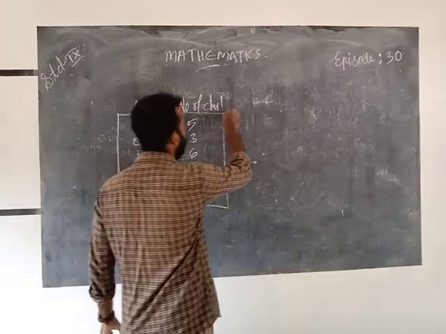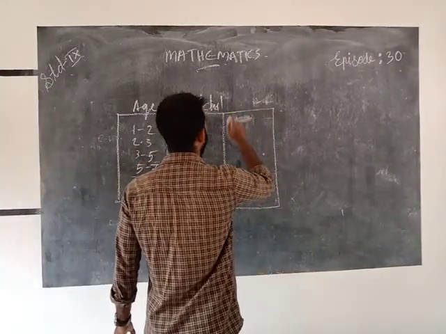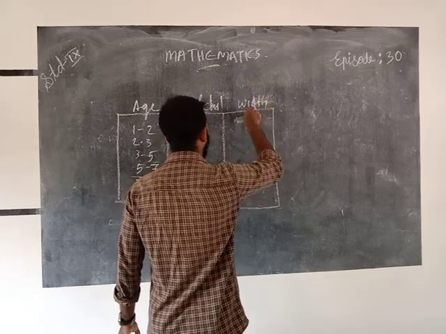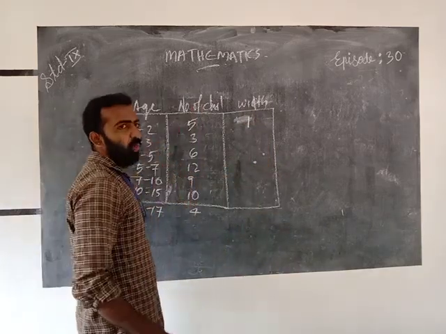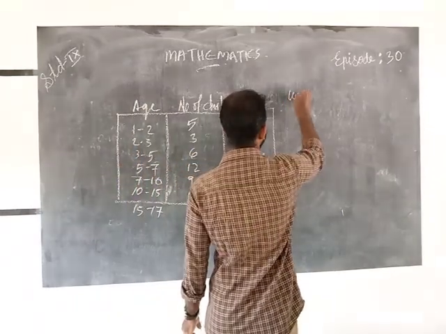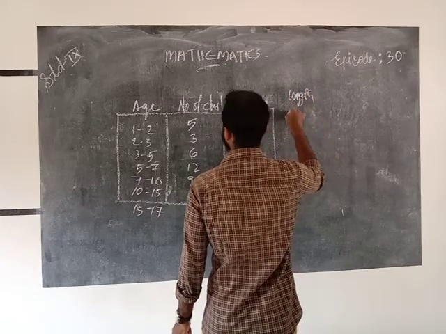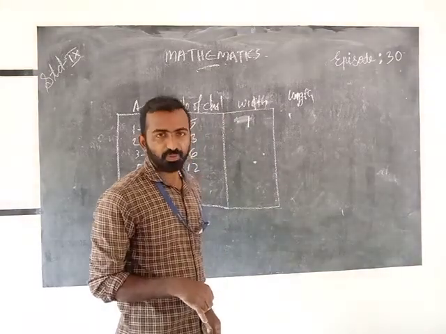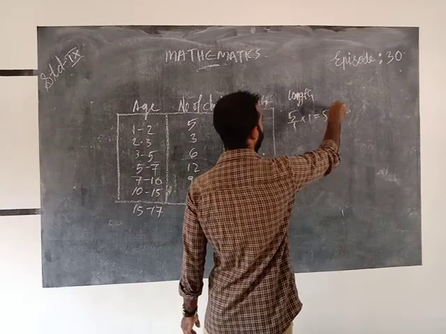We want to modify the table using the width. Width means 2 minus 1, we get 1, and the length of the rectangle is 5 by 1 into 1, we get 5.